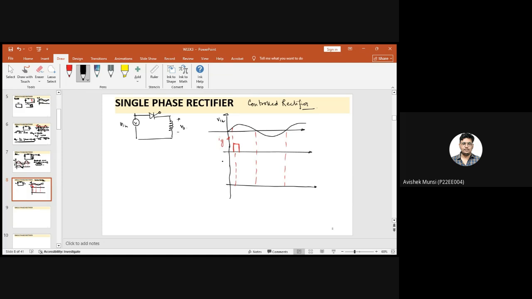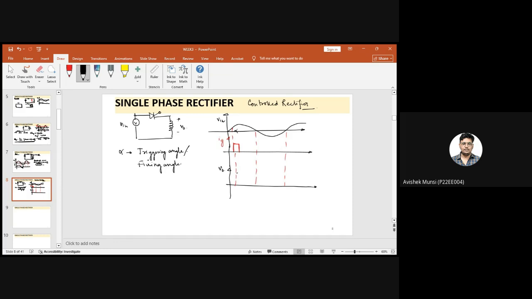So what will be my output? After the gate current is applied, the output will start conducting whenever it triggers. This is an angle alpha, that is the triggering angle, or in some books it is called the firing angle.